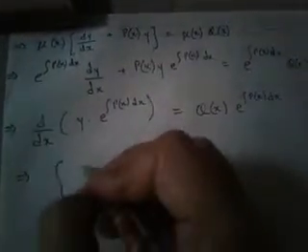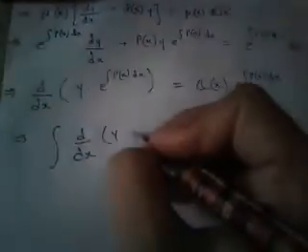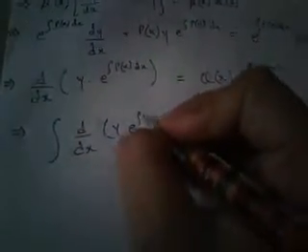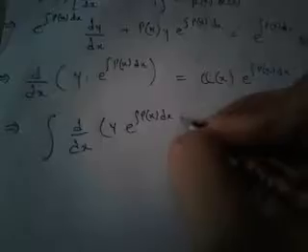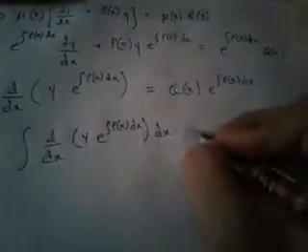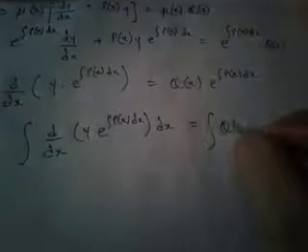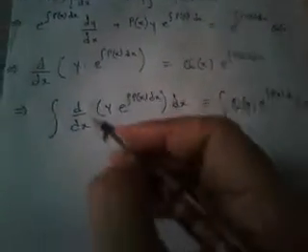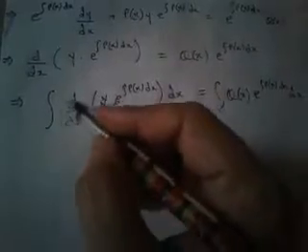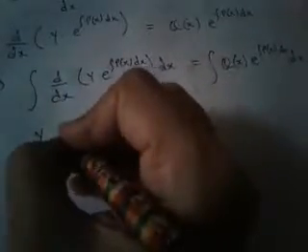And once you integrate both sides, then this differential operator is going to cancel out the effect of your integral, and thus just the function is going to be left.